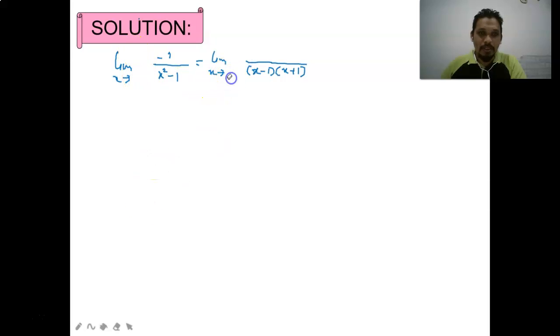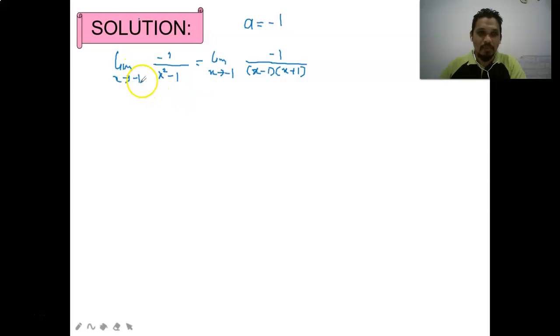It's given in the question that x approaches a, where a is negative 1.